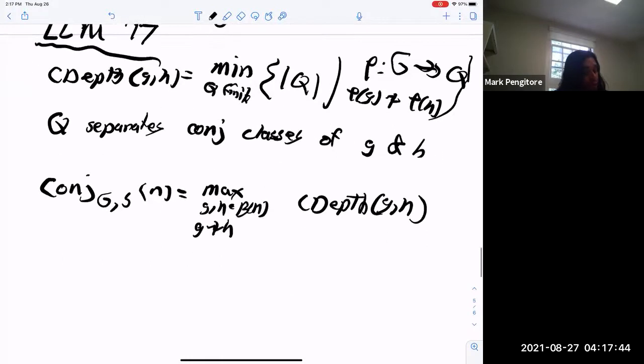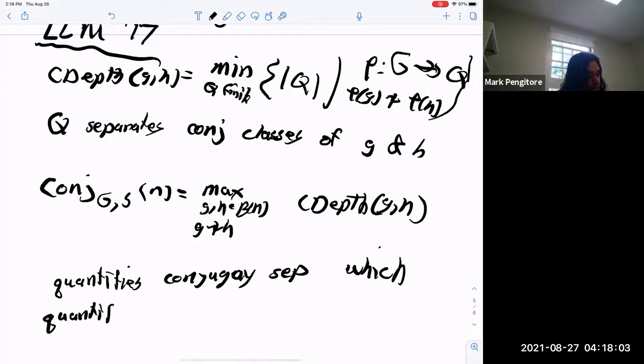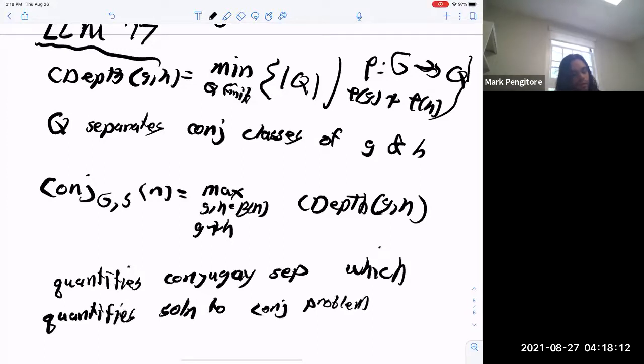Okay, so what this does is it quantifies the conjugacy problem, or conjugacy separability, which quantifies the solution to the conjugacy problem with finite quotients.